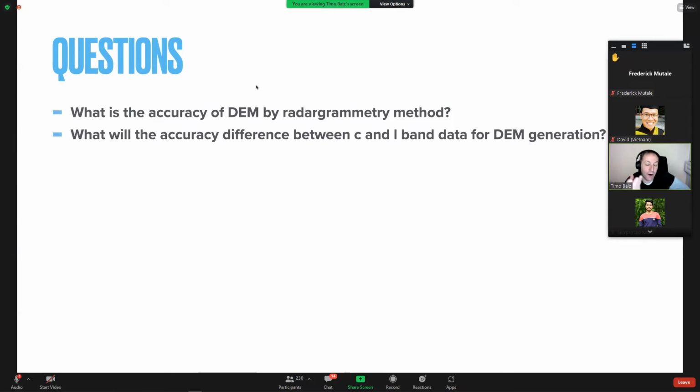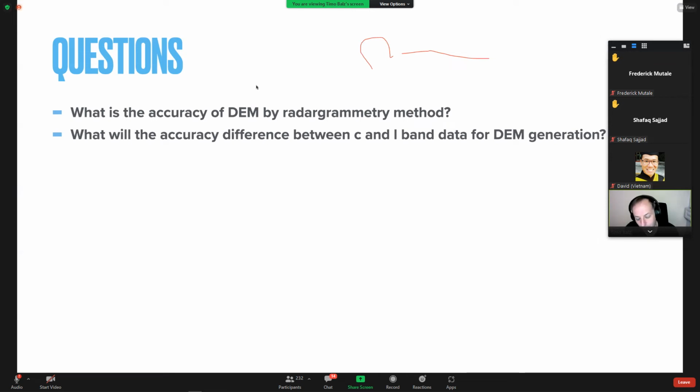That depends a bit on the underground. Okay, so what does that mean? If you have lots of structure, lots of edges where you can really identify these points, probably even in subpixel accuracy, you get subpixel accuracy.